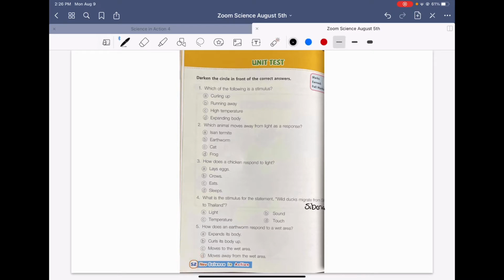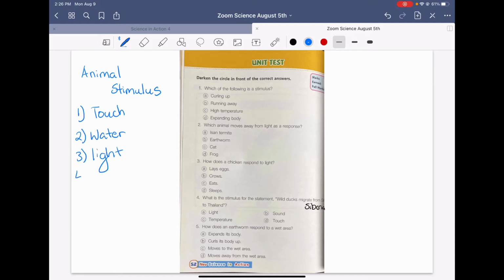But first, we're going to look at what are the 5 animal stimuluses. Do we know? 5, right? Animal stimulus. What's number 1? We have touch, water, light.